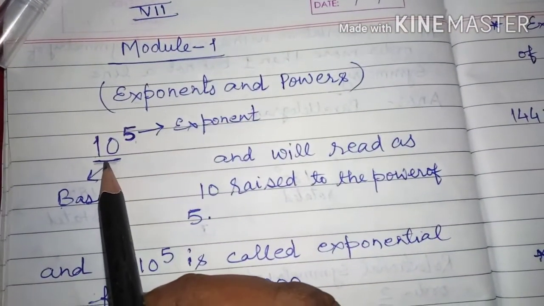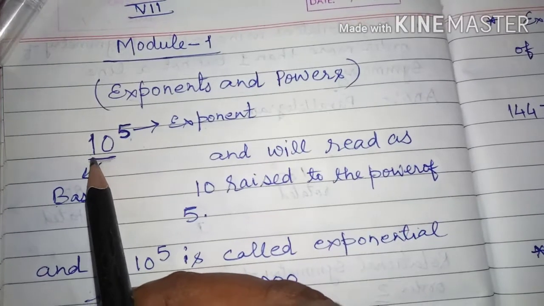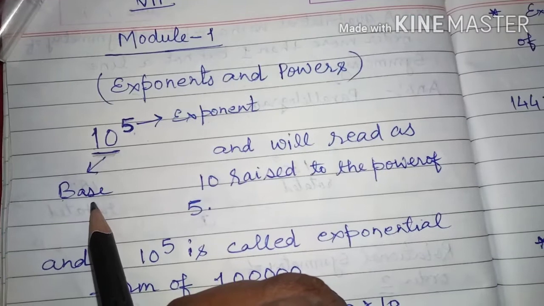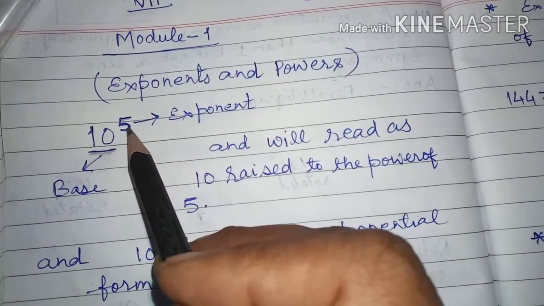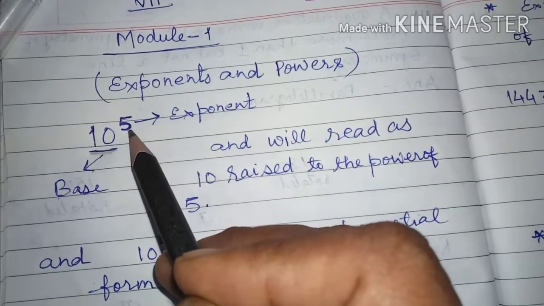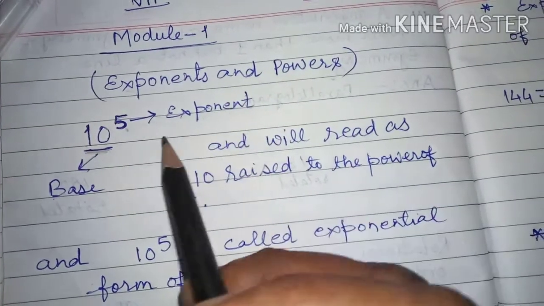In this module 1 today we will discuss exponents and powers. See this number, everyone. Here this number 10 is called the base of the number, and the number 5 just above the 10 is called the exponent.